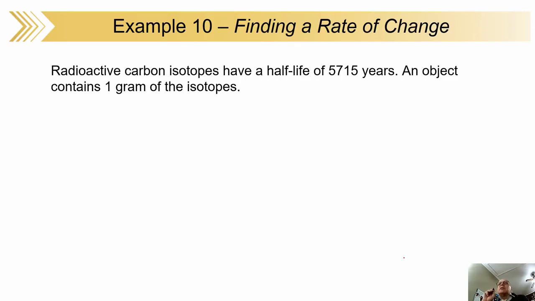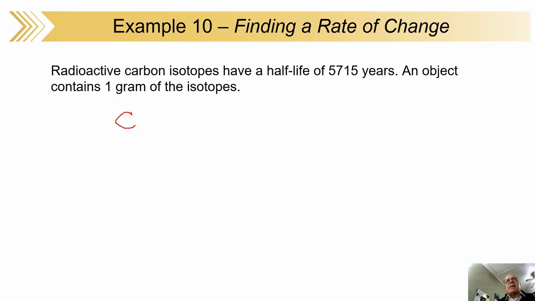An example to take us out. So, many of you, if not all of you, have taken chemistry in high school, and even in physics you might talk about the half-life of something. That means you've got a certain element. In this case, it's carbon.